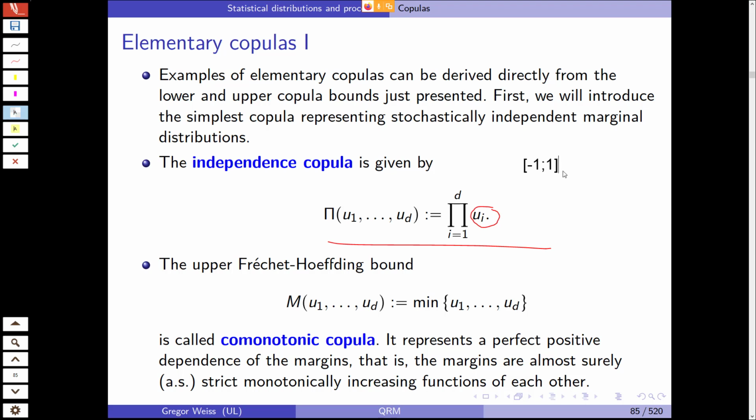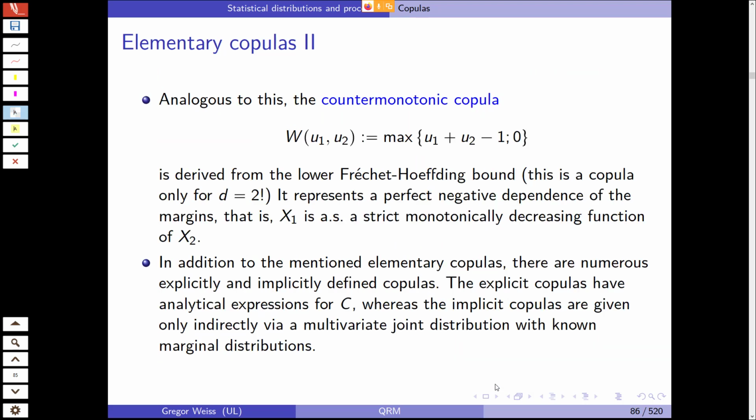And you would say, for example, for 1, the two random variables are perfectly linear functions of each other. In this case, it is the comonotonic copula. It means that you have perfect, not positive correlation, but perfect positive dependence, in the sense that the margins are almost surely strictly monotonically increasing functions of each other.